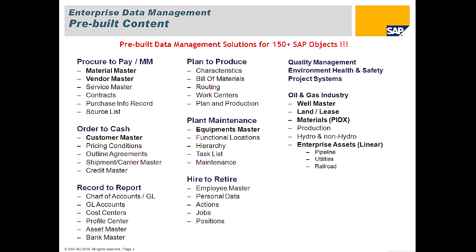Once SAP acquired MDM and Business Objects, we converted all those classical ABAP-based solutions into the EIM platform. That's how we now have pre-built data management content for more than 150 SAP objects. And not only plain vanilla, cutting across the industry, functional areas and business processes, we have also built oil and gas industry-specific solutions covering the well, land lease, material, covering hydro, non-hydro, on the downstream side as well.